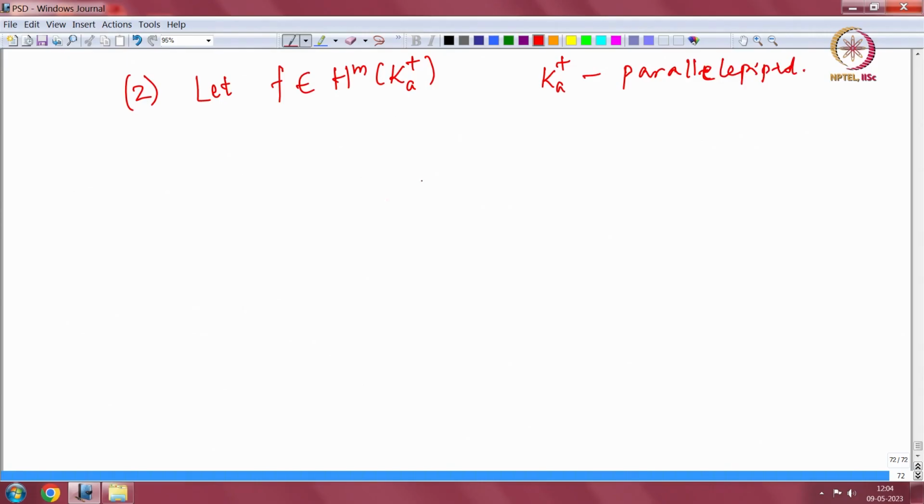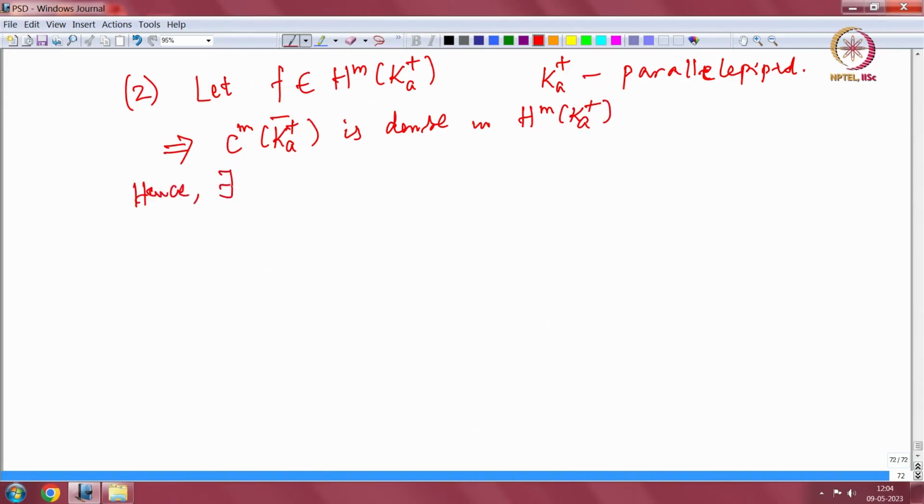So, we can apply the previous density result. Okay. So, again let me just show you that. So, that implies Cm Ka plus bar is dense in Hm Ka plus. So you see the usefulness of the density result. Okay. So, therefore, hence there exists a sequence.